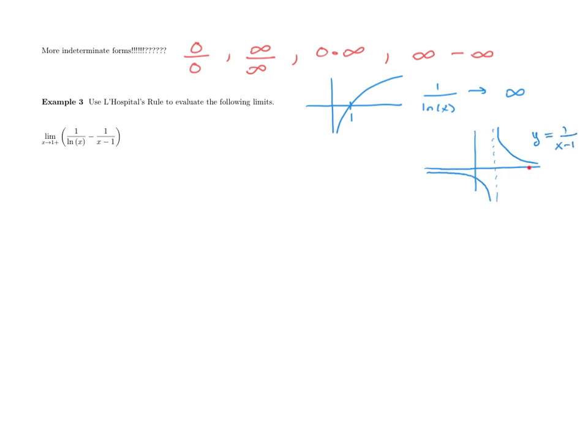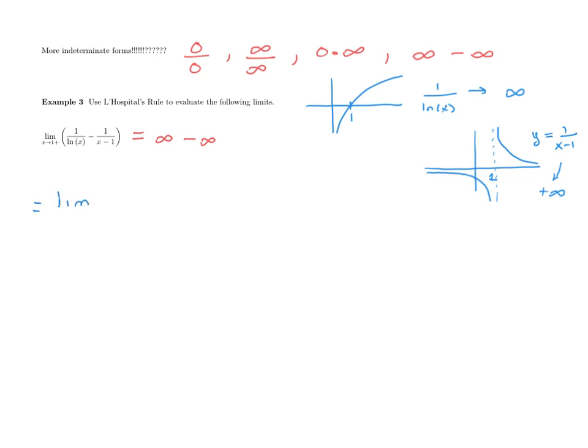As we approach 1 from the right, this is going up to positive infinity. So this is approaching infinity as well as we get closer and closer to 1. So what does this mean? This expression is of the form infinity minus infinity. This indeterminate form, to use L'Hopital's rule, we have to write it as a fraction, like this or this. Let's go over how that will be done.